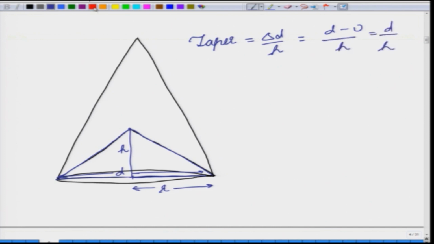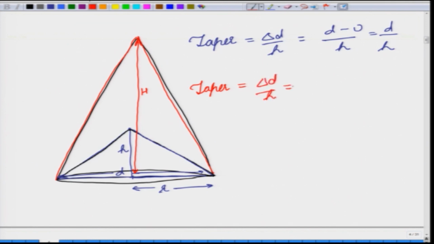whereas for this red solid, let us call the height capital H. You will have the taper which is given by delta d by H, and here you have a diameter of d, and at this point you have a diameter of 0.